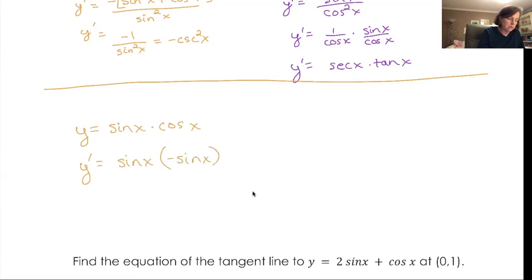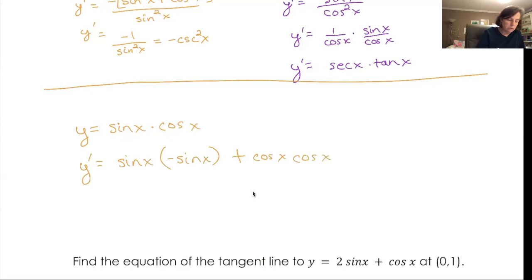So I left the sine, took the derivative of cosine, plus, now I'm going to take the derivative of sine x here, which is cosine of x, and then leave the cosine of x.